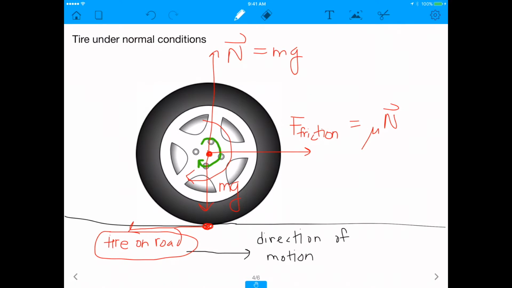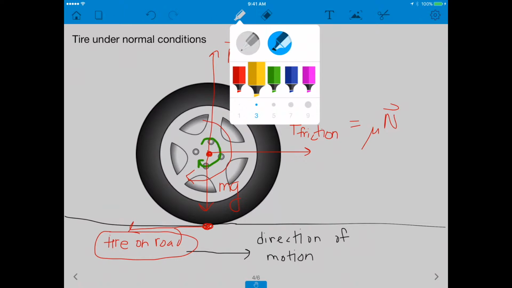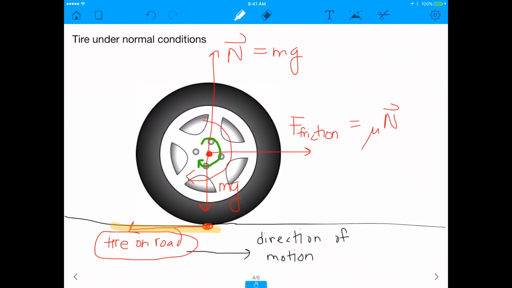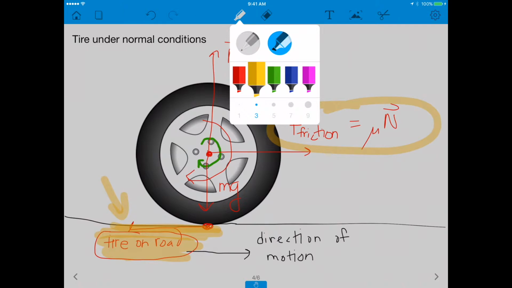Remember this force right here, I have to highlight this because I can't tell you how many times students get it confused. This force at the bottom I'm drawing right here is the force of the tire on the road. It's not an actual force on the tire. But this force is a force on the tire, but it's an equal and opposite force because of the result of Newton's third law with this force initially on the ground. Okay? Cool. All right, now we can actually move forward.